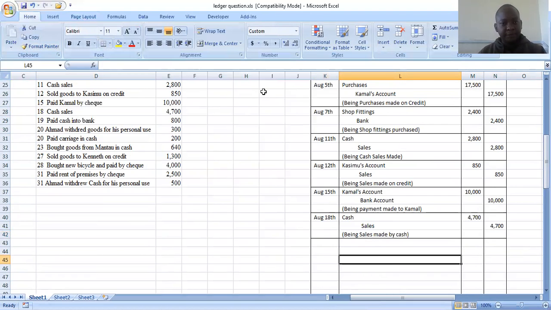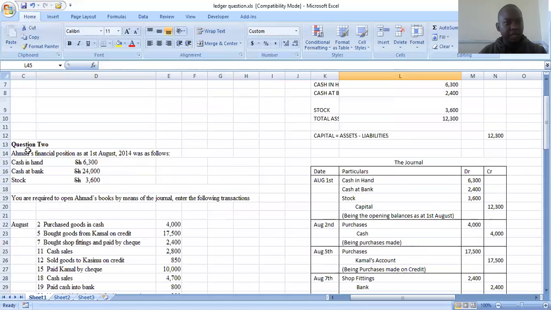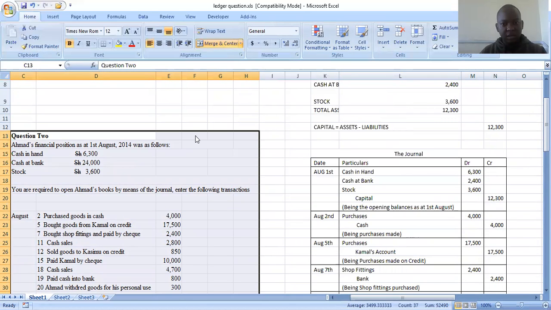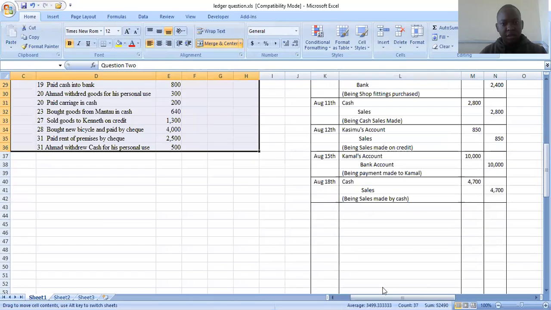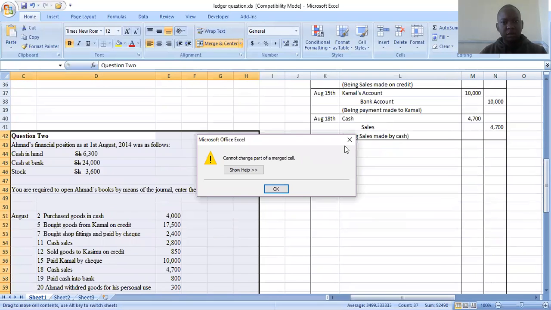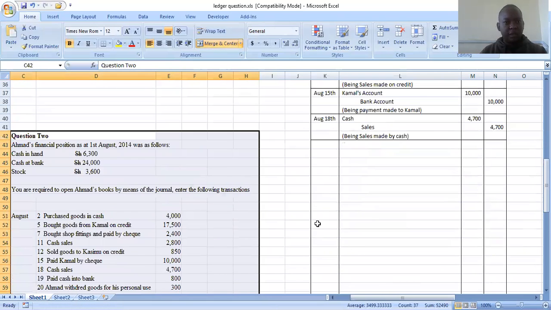Then we proceed and we drag this downwards. So we drag after August 18th.